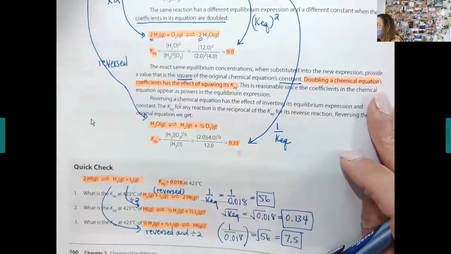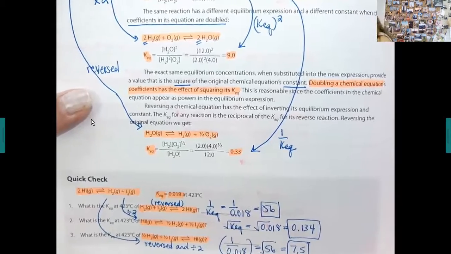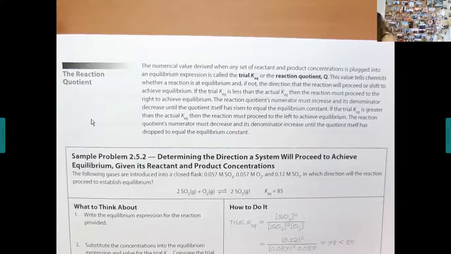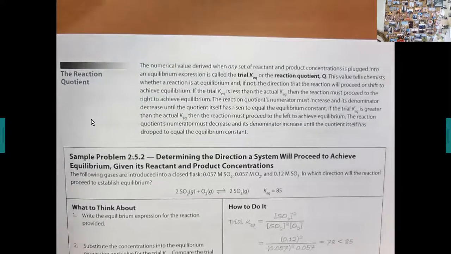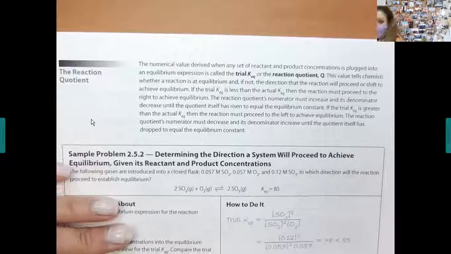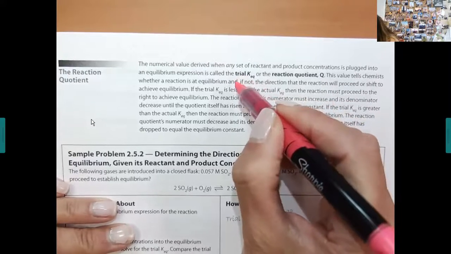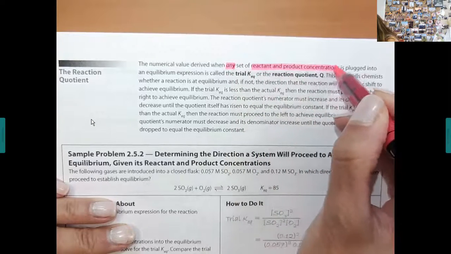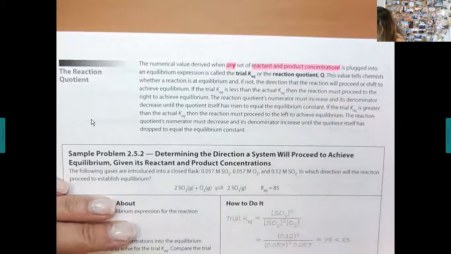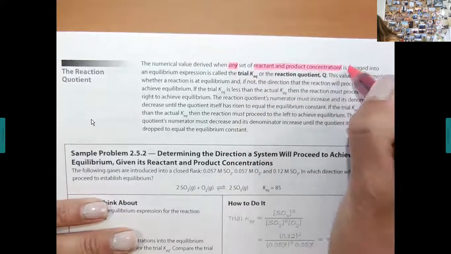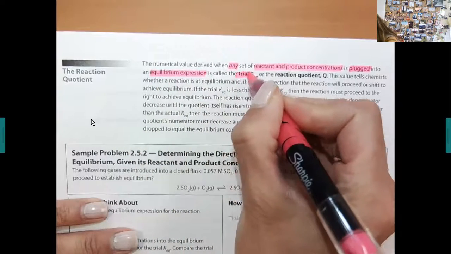Now let's go on to the reaction quotient here. When we have any value of reactant or product concentrations, and we don't know if we're at equilibrium or not, but we need to test it, then we're going to plug those values into the equilibrium expression to see if it is at equilibrium.